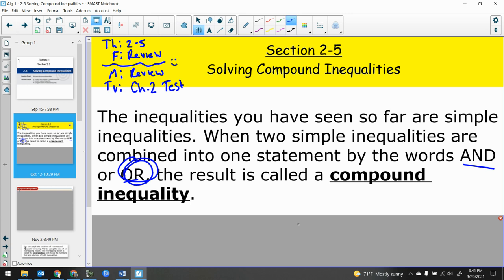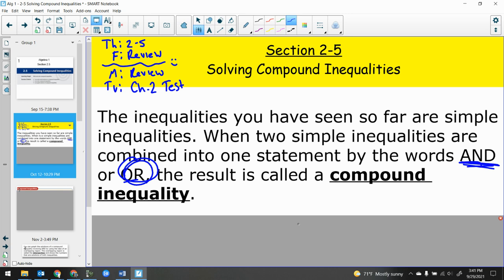Now, what if I'd switched that around? What if I had said, I only want people wearing jeans and glasses? Well, now that's a different story. Now they have to meet both of the two requirements. They cannot just be wearing jeans. They cannot just be wearing glasses. They have to be wearing jeans and glasses. When I use the term and, that's a little bit more restrictive.